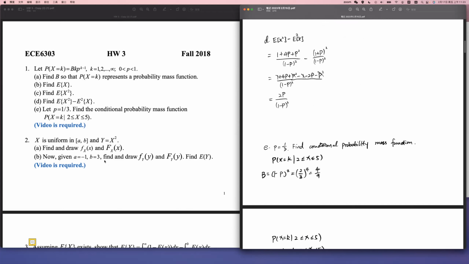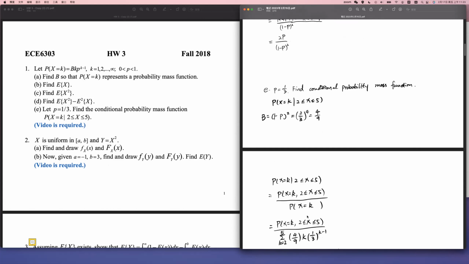And for part E, let p equal 1 over 3, and find the conditional probability mass function. So we first plug in 1 over 3, and we know that b equals 4 over 9.